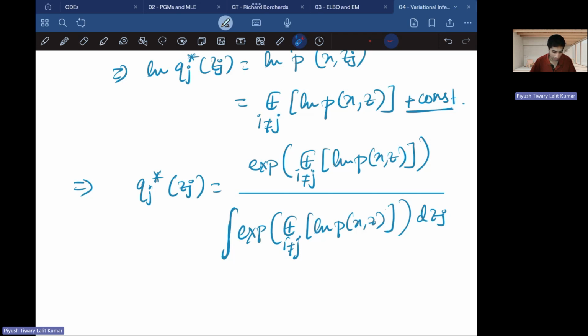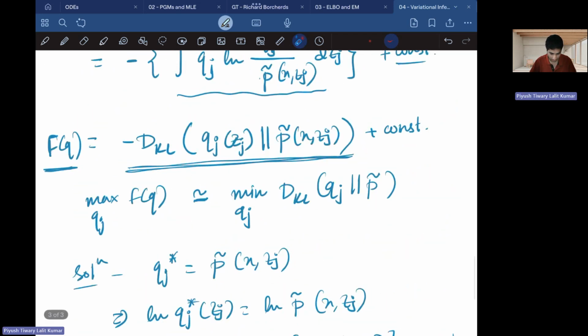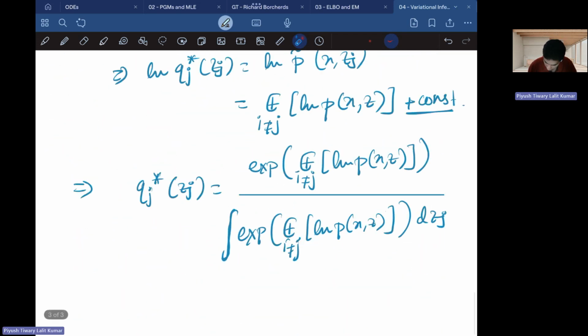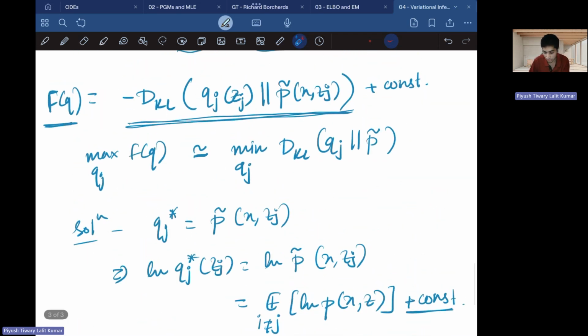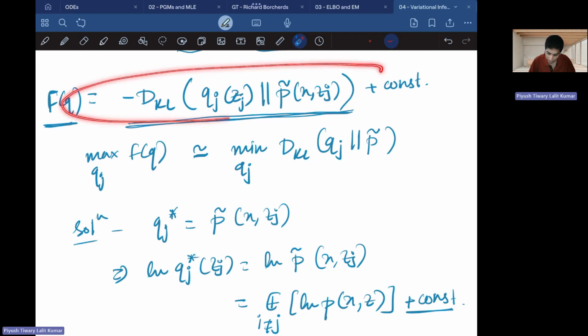So the thing is, basically what we are doing here, this whole optimization, if you think about it, was unlike your usual optimization where you optimize on a Euclidean space.